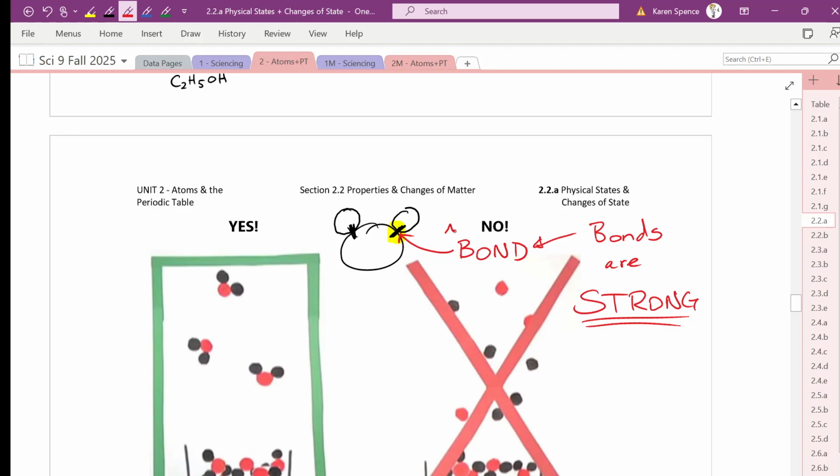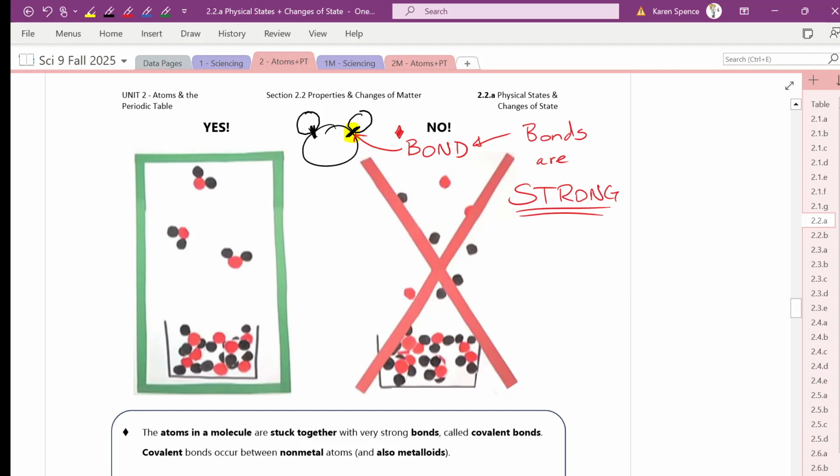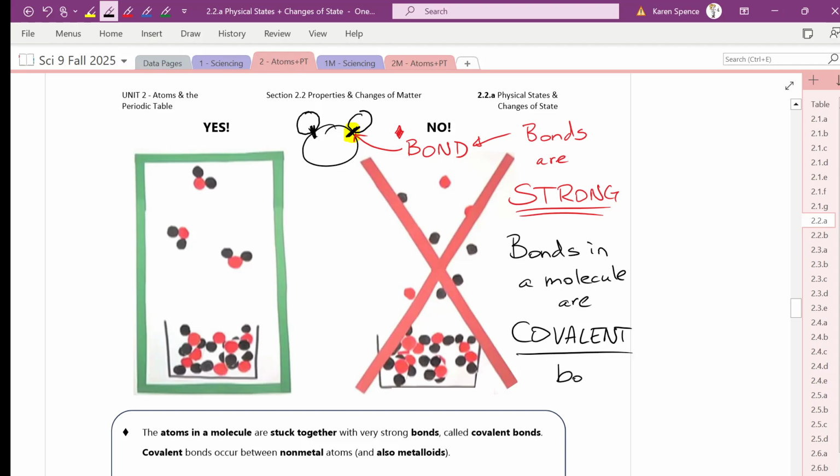Okay, this part here, this is enriched. Okay, bonds are strong. And these particular bonds are called covalent bonds. Bonds in a molecule are called covalent bonds.